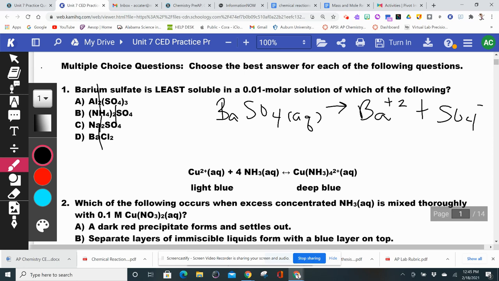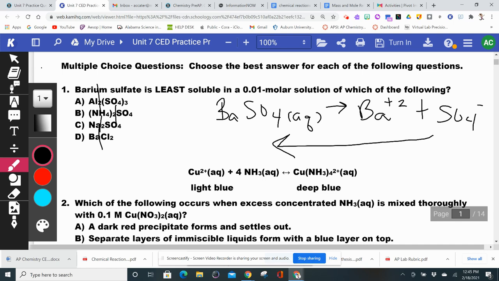Okay. So which one of those things, if you added it to this solution, would make your reaction go back to the left? Because that would be least soluble, right? Making it so that the two things come back together and form barium sulfate. So that's basically what the question is asking you.